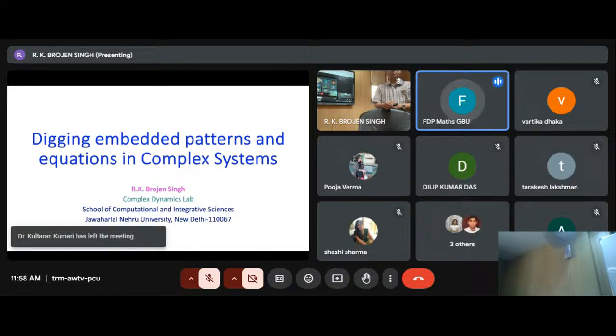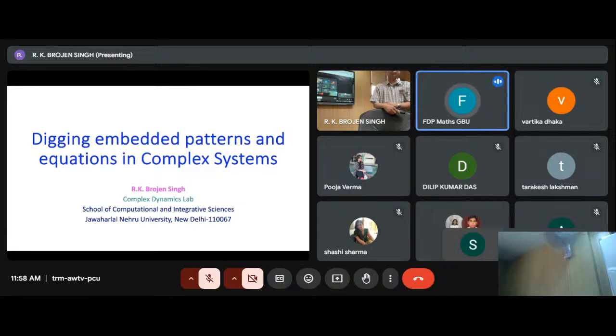Professor Singh's academic path is marked by an MSc in physics from Jamia Millia Islamia, where he was awarded the gold medal with distinction, and he completed his PhD from the School of Physical Sciences, JNU, in 2004.